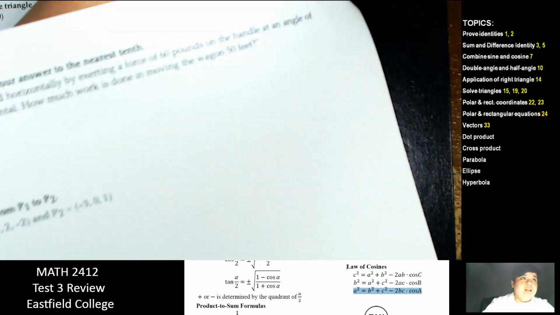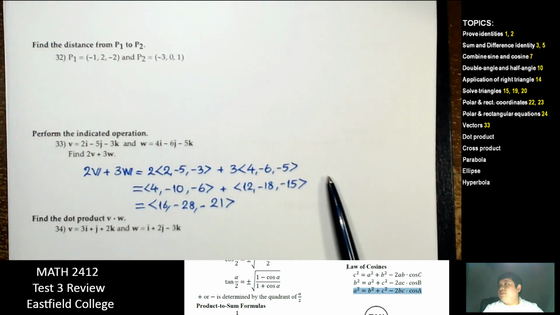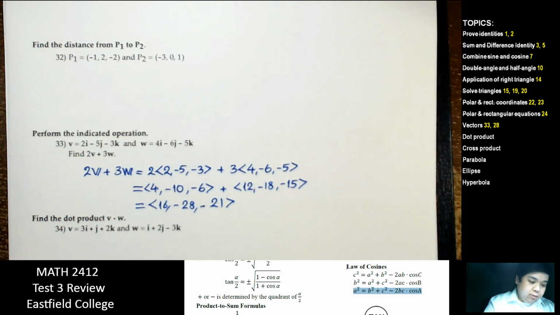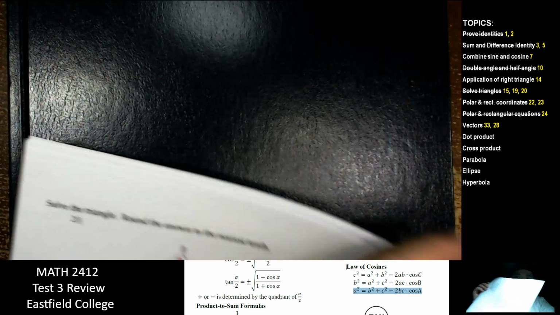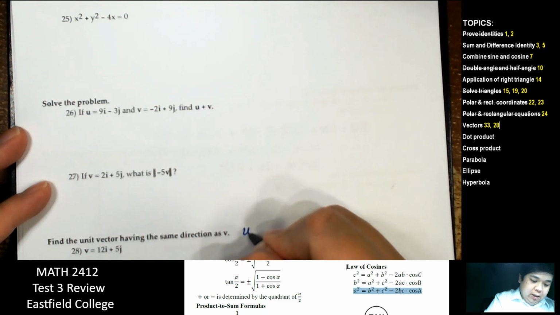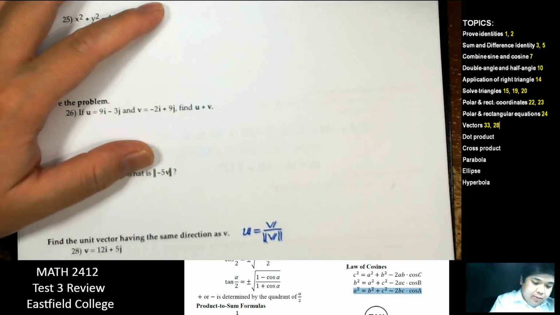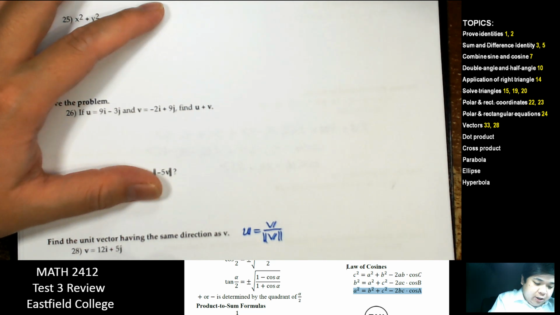let's go back. 28. So the unit vector in the direction of v will be this. We take this vector here, 12 and 5, over the magnitude.